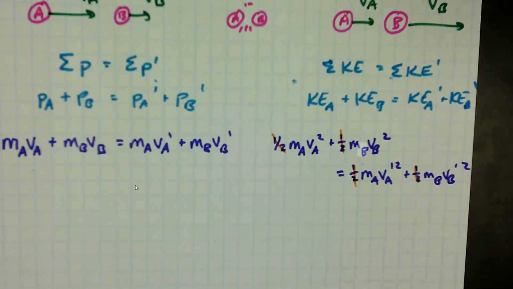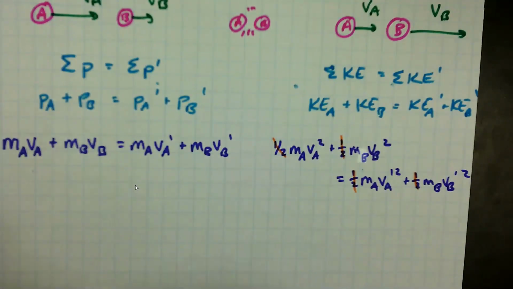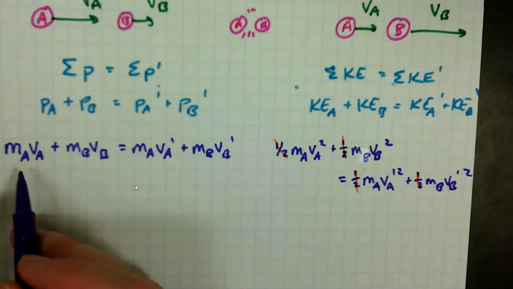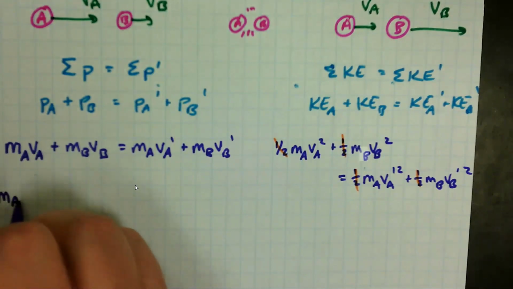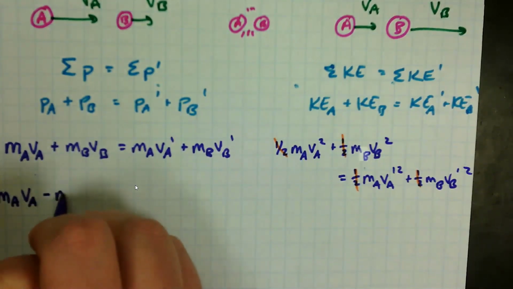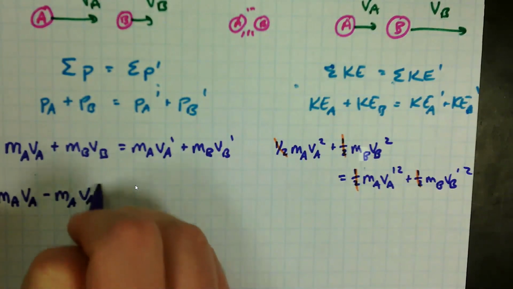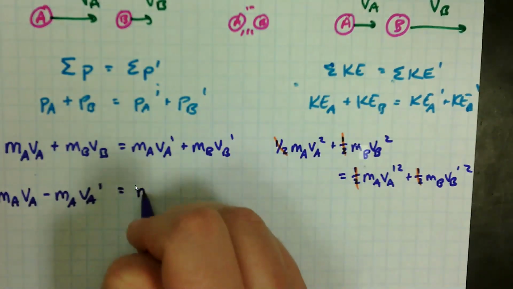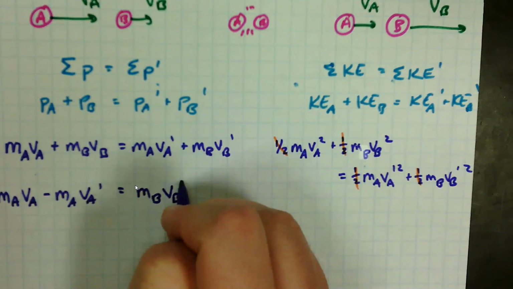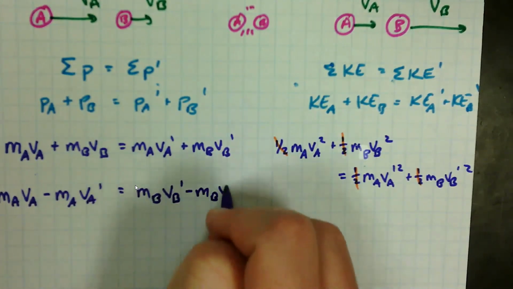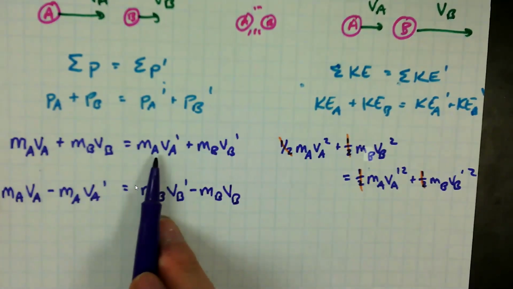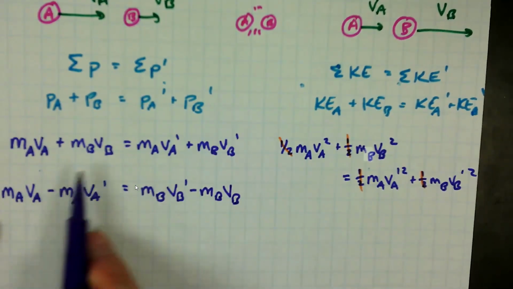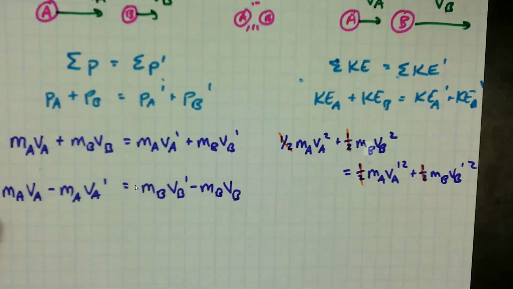And then just because I can, I'm going to put all of my A's on one side and all of my B's on the other. So if I subtract this term over here, I'm going to have MAVA minus MAVA prime equals, and on this side, MBVB prime minus MBVB. I took this term and subtracted it over to here, and I took this term and subtracted it over to there.